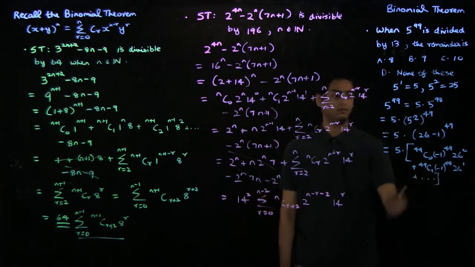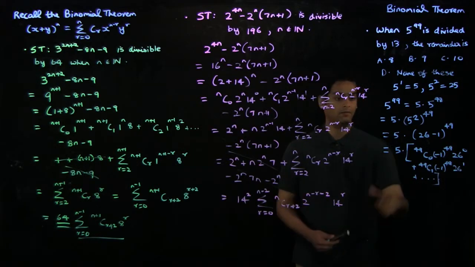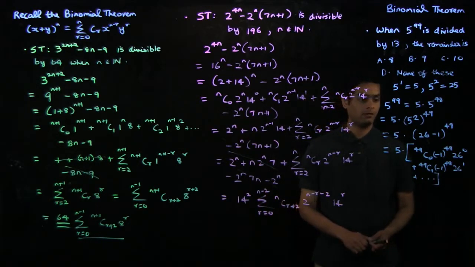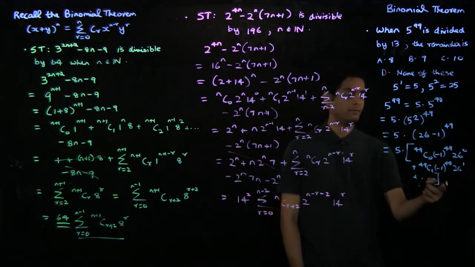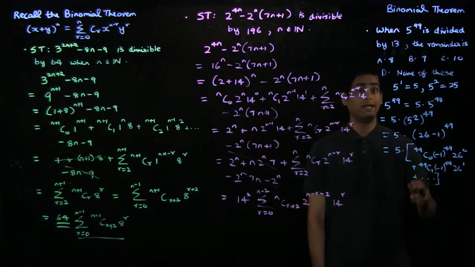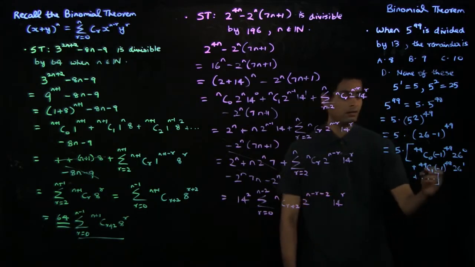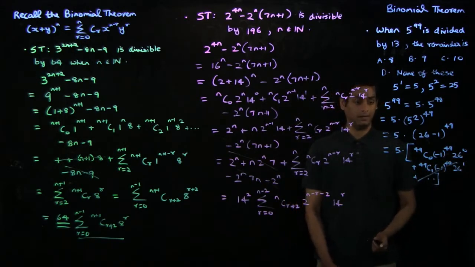So this is going to be the expansion of (26 minus 1) the whole power 49, and you have a leading factor of 5 in this expression. Notice that all of these higher powers, as I mentioned, are going to be divisible by 13, and since we only care about the remainder that this term leaves when divided by 13, we don't really care about these terms which are exactly divisible by 13.